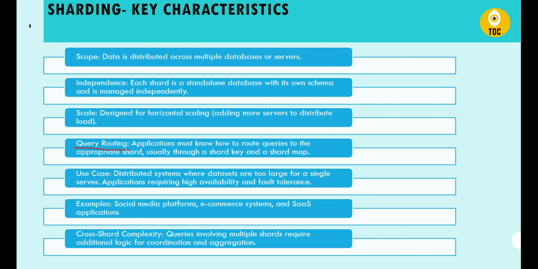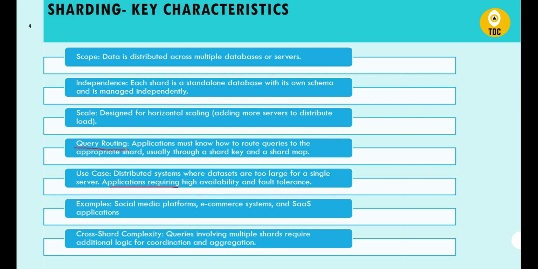And there is a use case where you have a distributed system where data is too large for a single server. You might imagine that even after partitioning the table, you are not able to handle the data which is coming in. In that case, definitely you have to go for sharding. Also when the application requires high availability and fault tolerance.